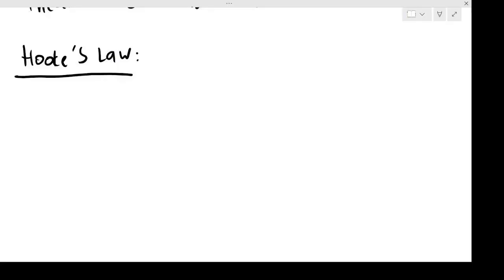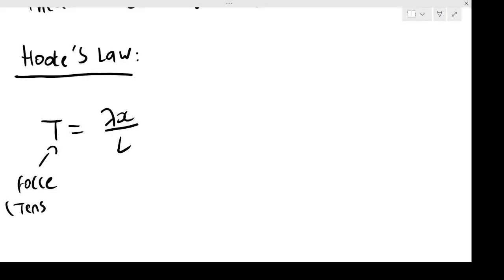It goes like this: the force in the string, T, is equal to lambda x over L. What does that mean? T is my force, so that's tension or thrust, and that's in newtons. Now, this lambda here is what we call the modulus of elasticity.